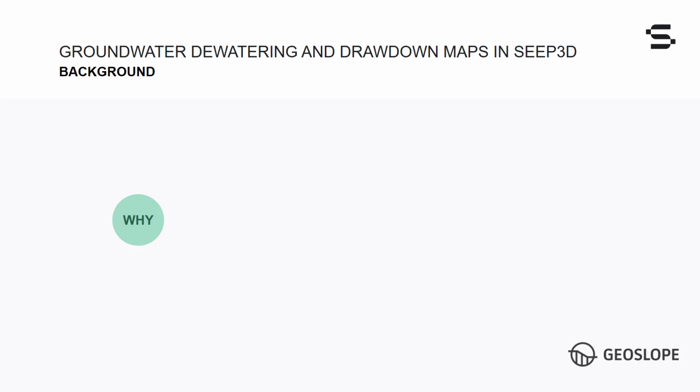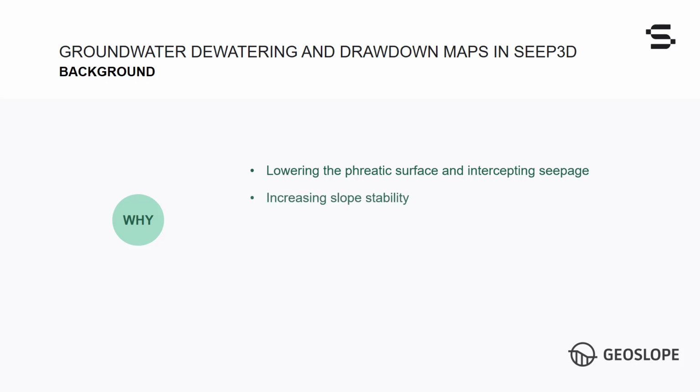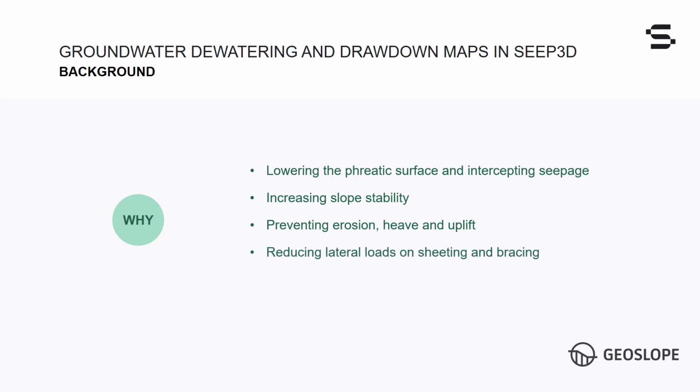The reasons for installing a dewatering system therefore include, but are not limited to, lowering the phreatic surface and intercepting seepage that would otherwise emerge from a slope or bottom of an excavation, increasing slope stability, preventing erosion, heave, and uplift that may occur at the bottom of an excavation or at the toe of a dam, reducing lateral loads on excavation sheeting and bracing, and reducing required air pressures during tunnel construction.